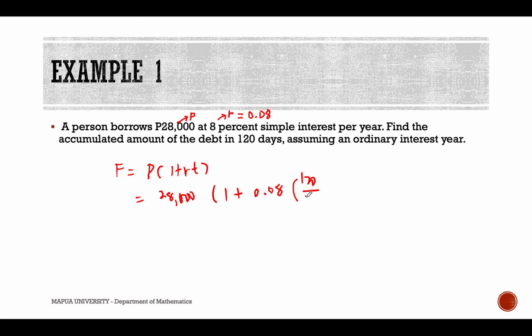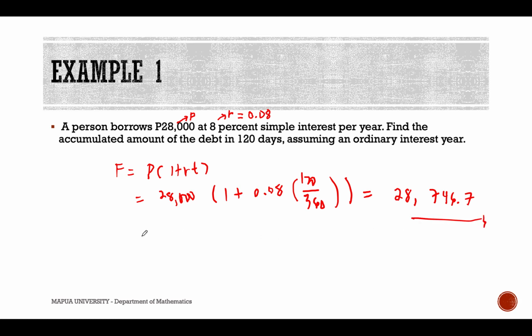Now, since this is ordinary interest here, divide by 360. And we get the value of F, which is 28,746.7.